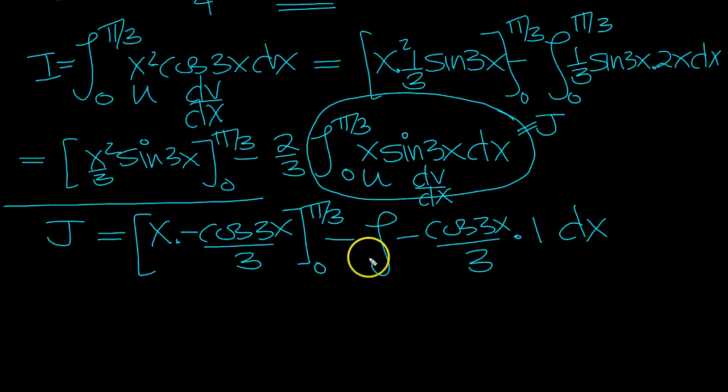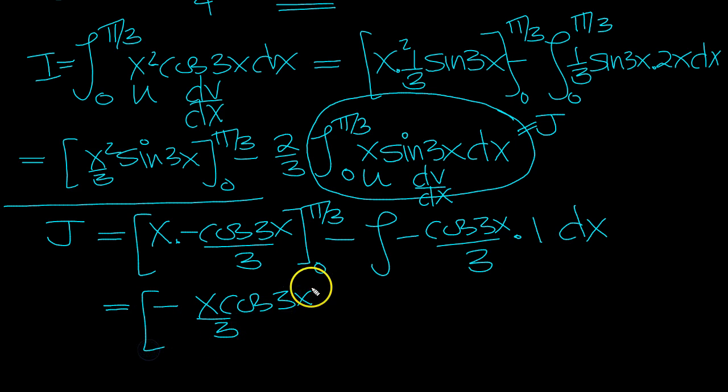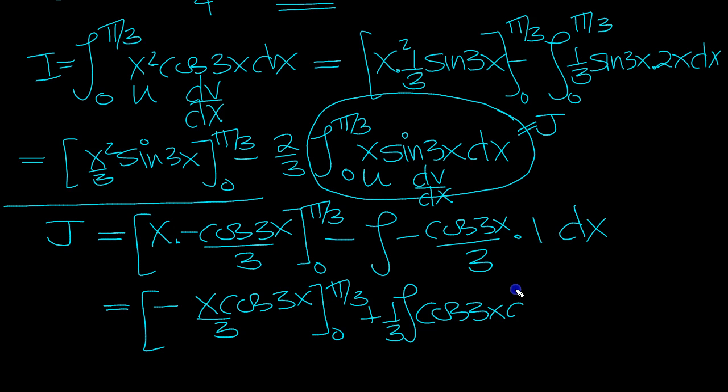So there's our formula, that becomes a plus, so we've got minus x cosine 3x over 3 between 0 and pi over 3 plus the integral, we can take the 3 outside, the third cosine 3x dx, between 0 and pi over 3.